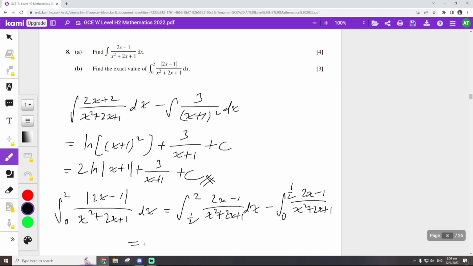Okay, so this is 2 ln modulus of x plus 1 plus 3 over x plus 1, from half to 2, minus, okay, same thing.